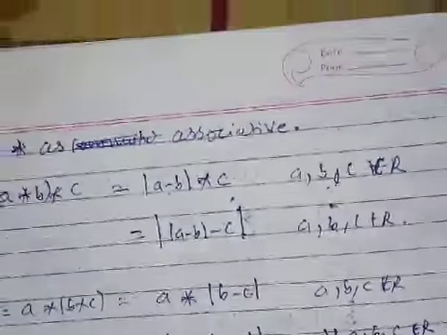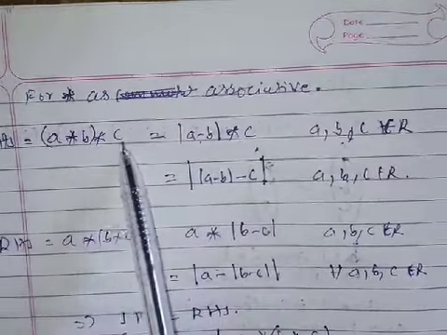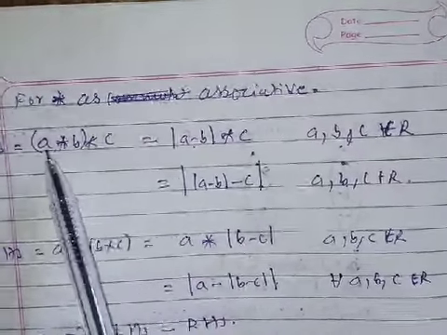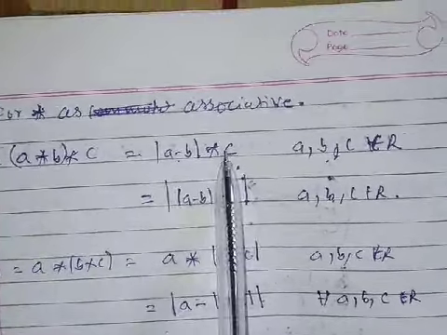Next, for associative. (A star B) star C. What does A star B mean?